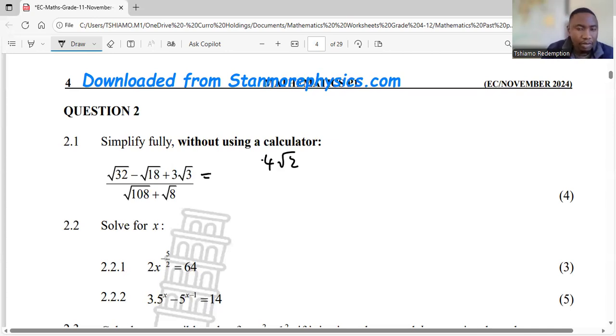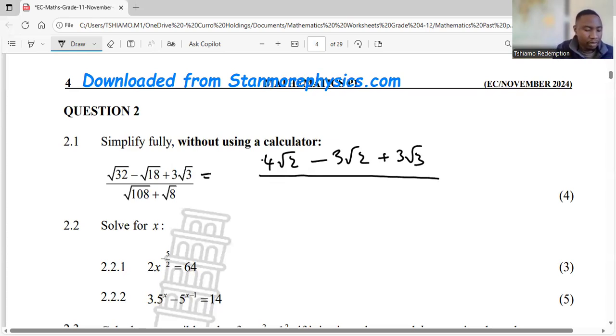Okay, and then what is the square root of 18? Square root of 18 will be 3 root 2, plus 3 root 3 over, what is the square root of 108? That will be 6 root 3, plus the square root of 8 will be 2 root 2.